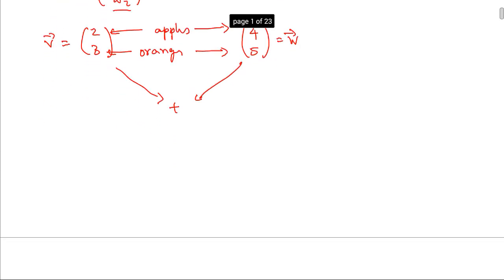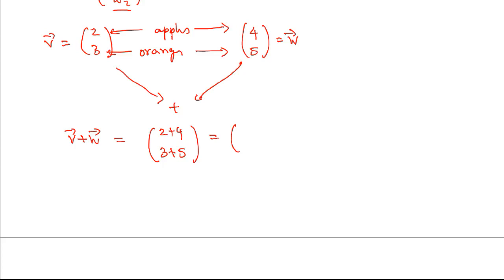So what happens next is that an intuitive rule would be, this is a combined vector. So you took 2 vectors and created a new vector, and that is going to be your 2 plus 4. You add component wise, 3 plus 5, and that's 6 and 8. So now as a result, we are adding apples to apples, oranges to oranges.